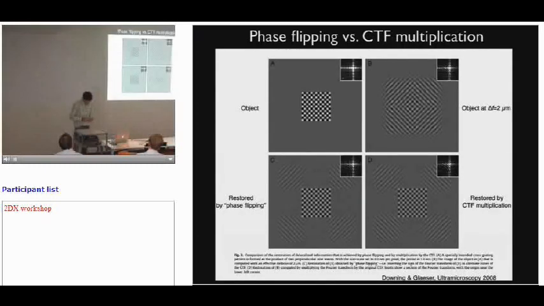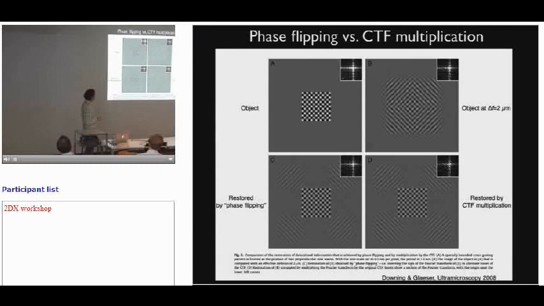But one major problem that remains also becomes clear if you look at synthetic test images. So, for example, if you have an object and you apply a certain defocus to it, the image information is quite displaced. And then you're trying to restore that information. One solution is to just perform the phase flipping. The phase flipping pretty much reconstitutes your object. However, you still have a twin object problem in there, and that is because there is information lost because of the zero intercept.